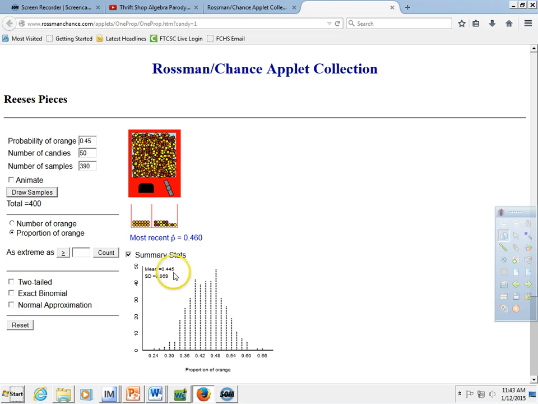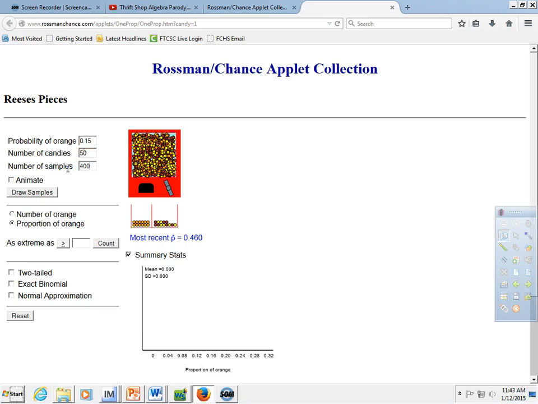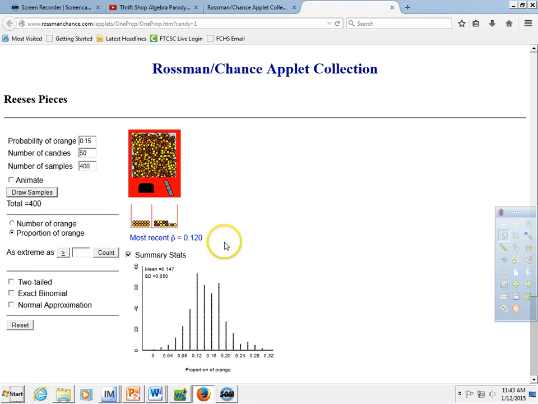How do we affect change in our center? Well, again, p̂ is an unbiased estimator. So in order to do that, we're going to have to change our parameter, right? So if now we say that there are 15% orange candies, and we take 400 samples of size 50, right? Now look, still fairly normal shape.